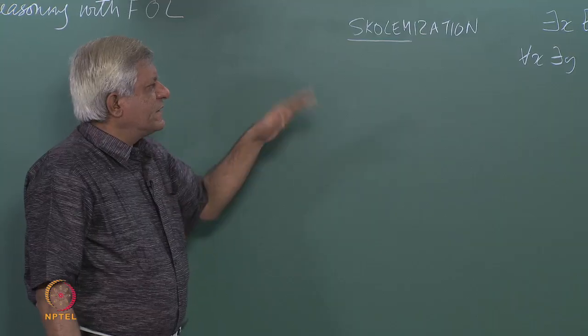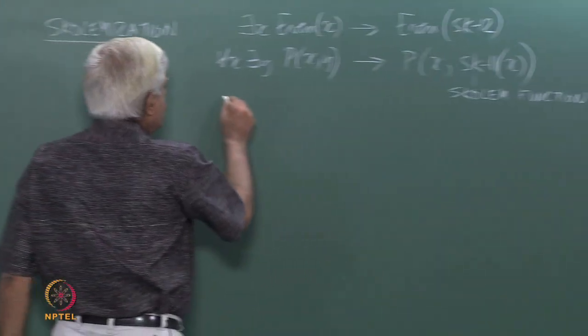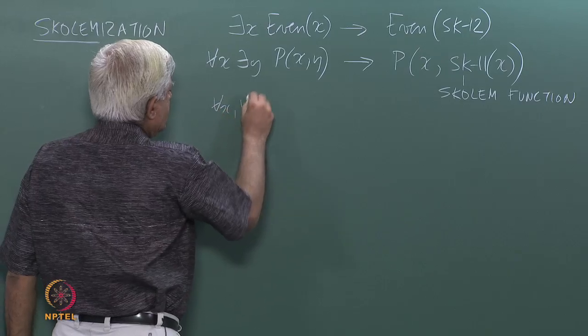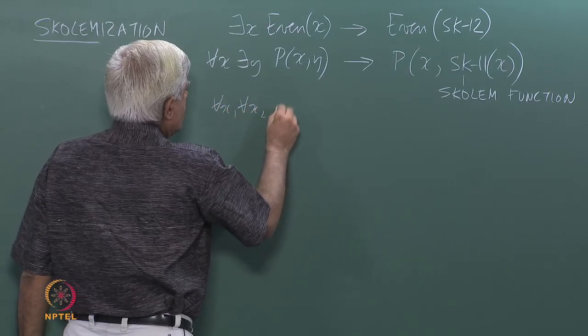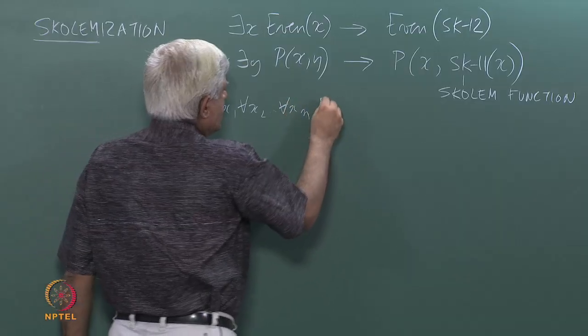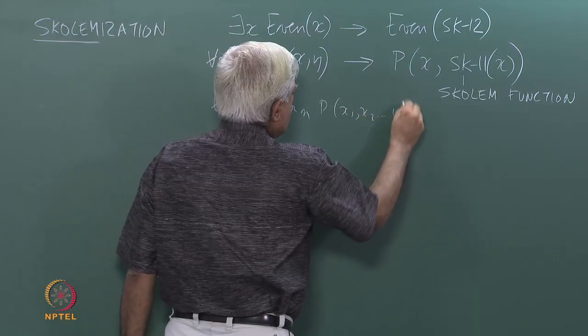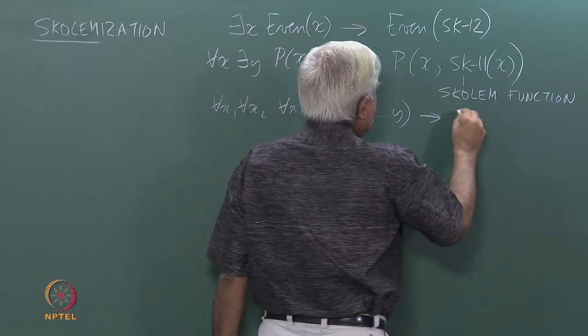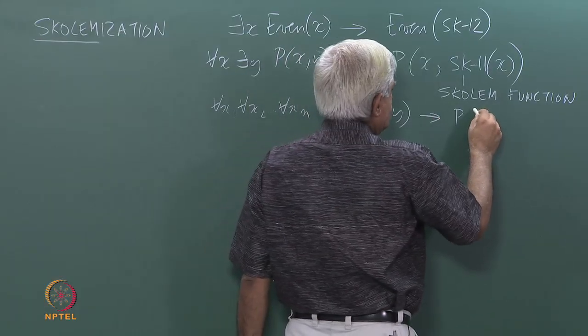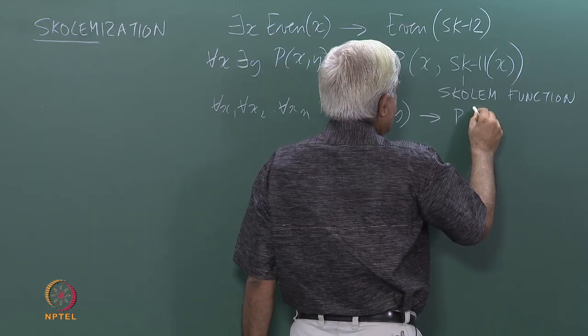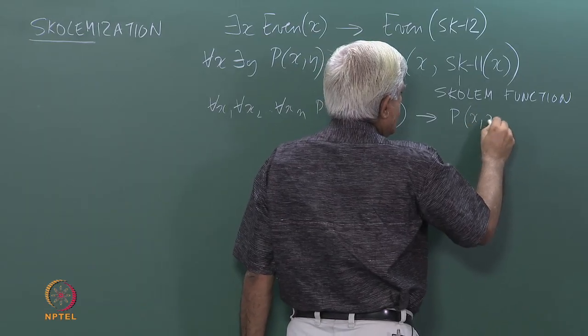So, in general, of course, if you have for all x1, for all x2, for all xn, p x1, x2, y, then we will translate it to p of x1.